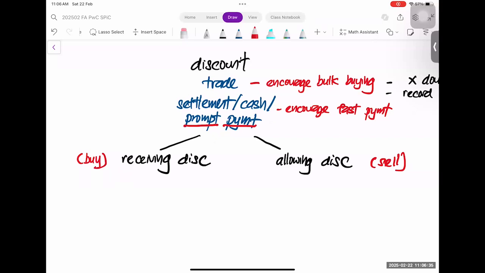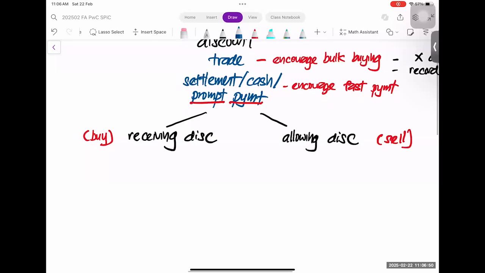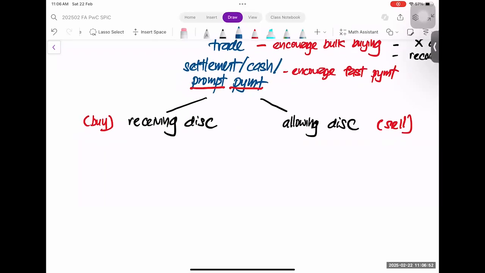All right. So let's look at receiving discount first. When I receive a discount, what will happen? First, number one, the amount that you owe will decrease, which is your payable.